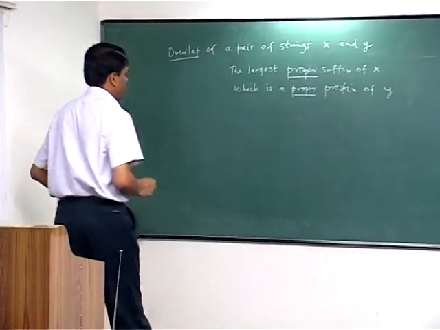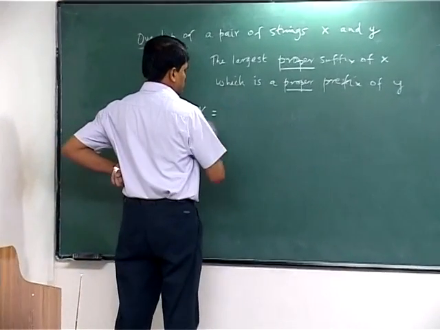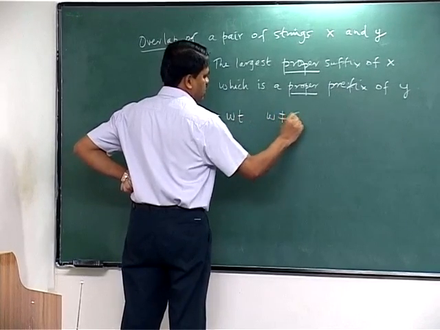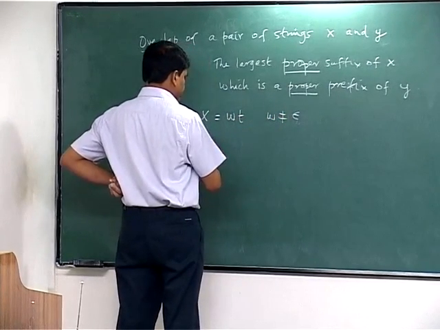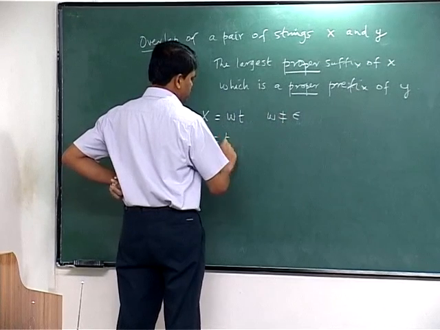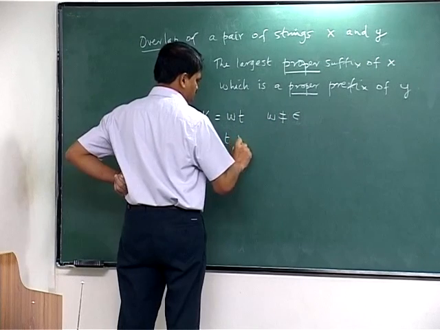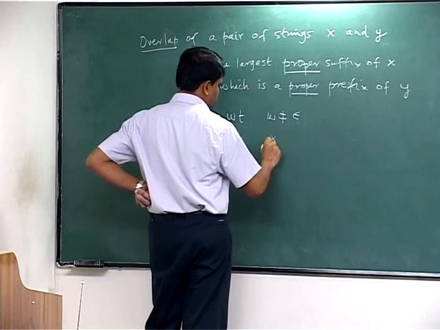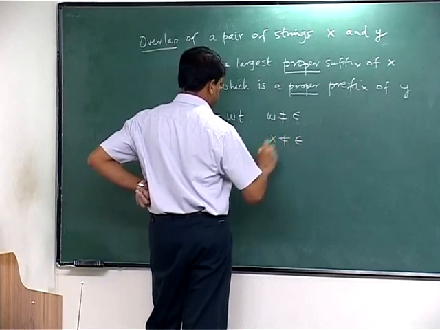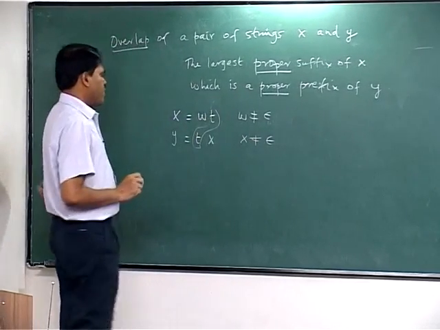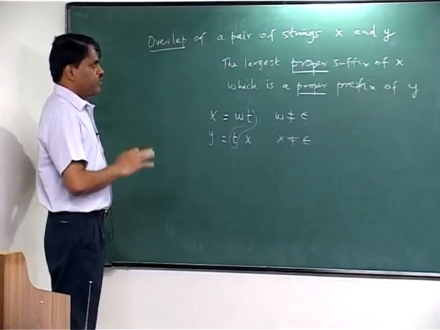So if I can write x as some w t, but w is not epsilon, and y is t z, where z is not epsilon, then t is an overlap between x and y.